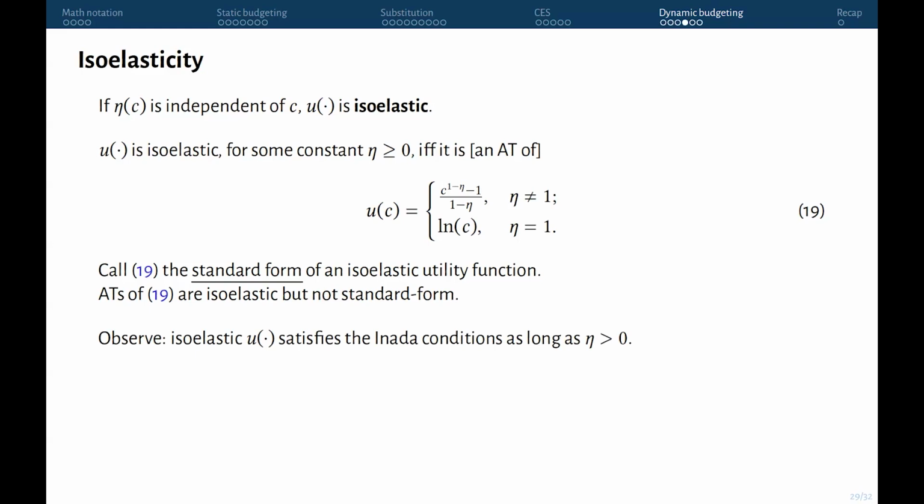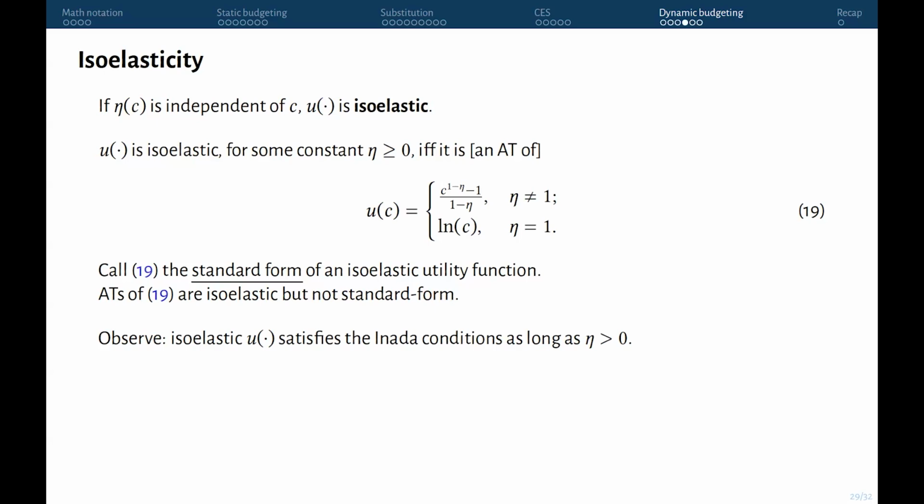Note that it satisfies the Inada conditions for any eta that's greater than 0. So in the eta equals 0 case, you've got just c to the 1. Utility is just linear in consumption. But otherwise, you've got like c to the 1/2, say, that's the square root, or if eta is 2, you've got like negative 1 over c plus a constant.